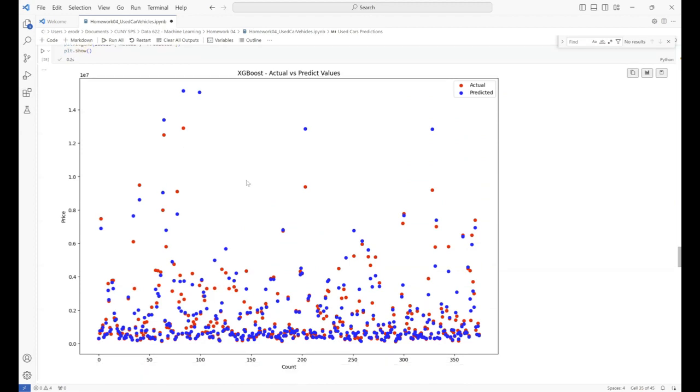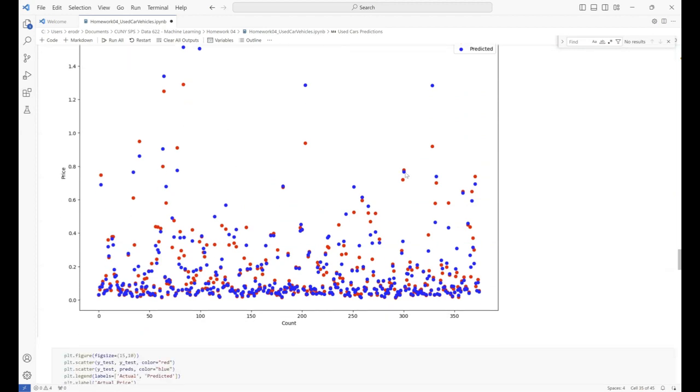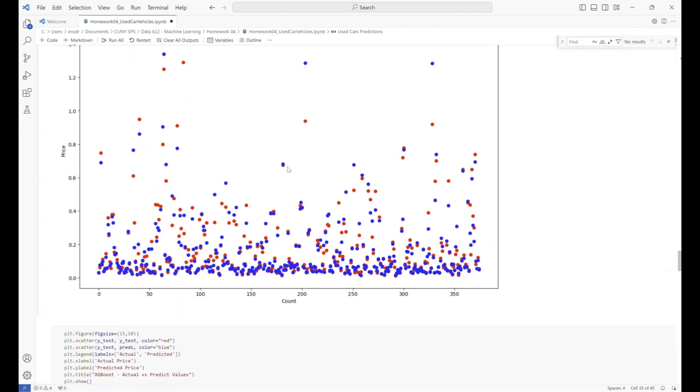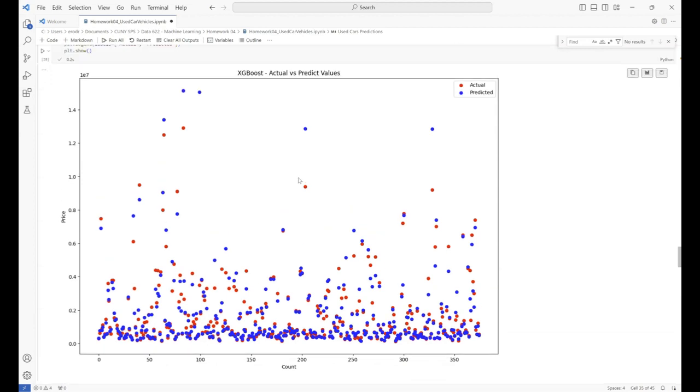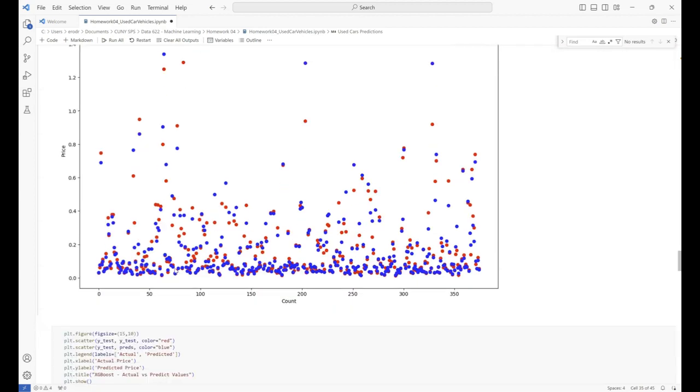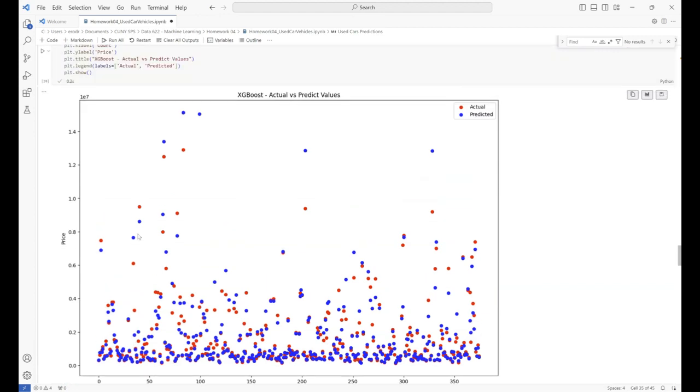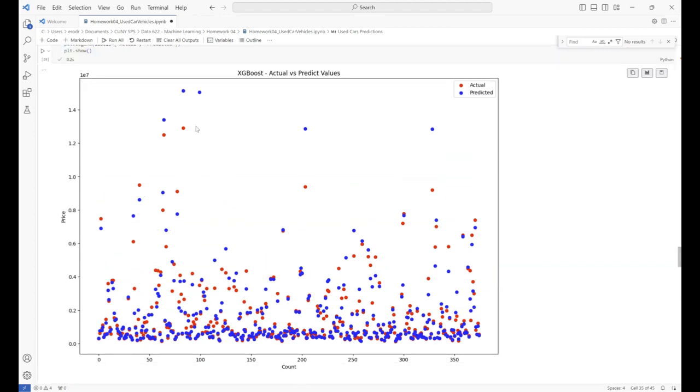So in this first plot here, on the x-axis we have the counts of all the data points, and then the price on the y-axis, and I had it categorized by the actual value and the predicted value. And you can see for the most part, a lot of them are pretty close. And then there are a handful of actual and prediction values that are pretty far apart.